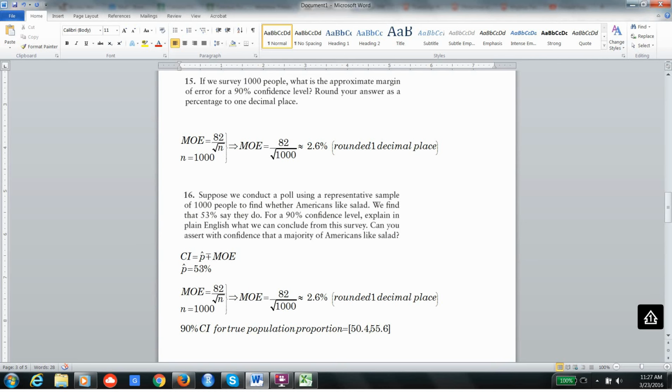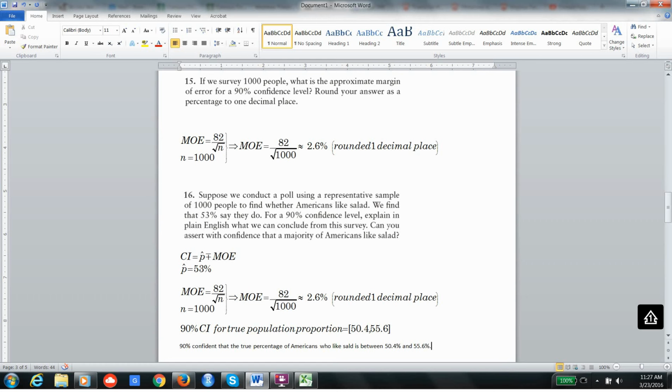So the explanation is going to be that we are 90% confident that the true percentage of Americans who like salad is between 50.4% and 55.6%.